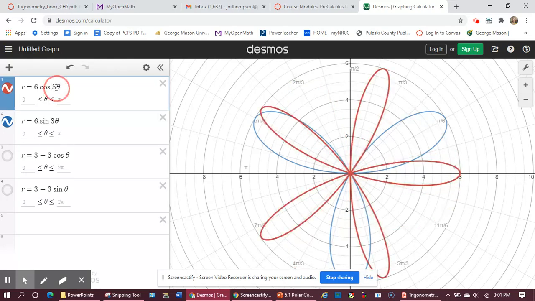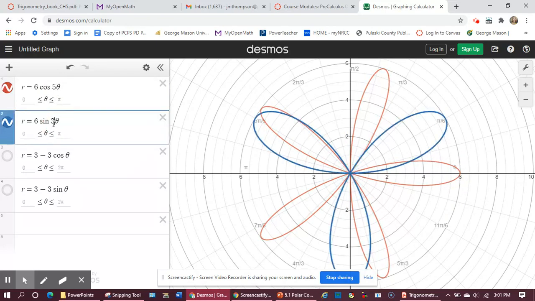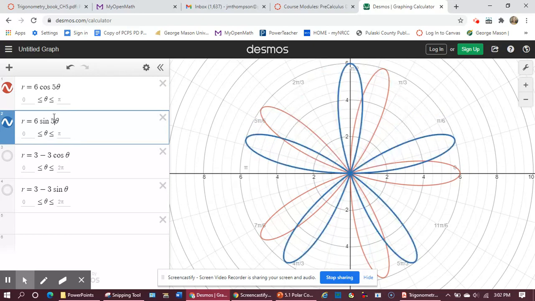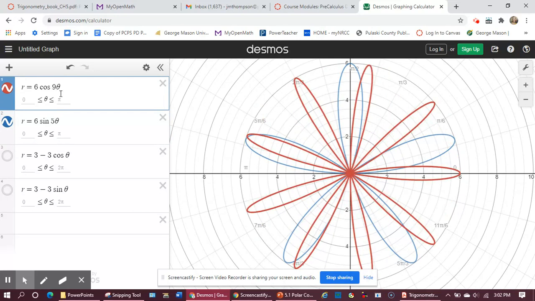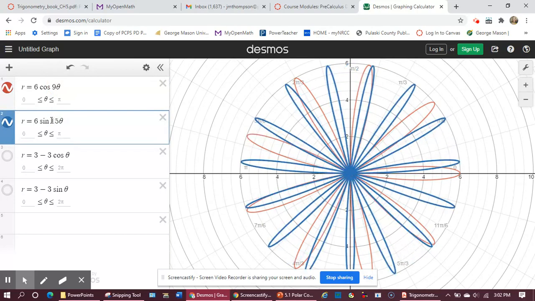So I've made a 5-petal cosine rose where the coefficient of theta is the number of petals I have. See, it's a cosine rose because that first petal is on the x-axis. And I could make a 5-petal sine rose. However many petals you have, they'll be distributed evenly around the pole. All right, so it can be a lot of petals. All right, so those are your roses.